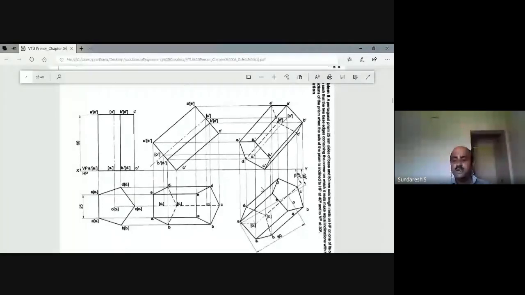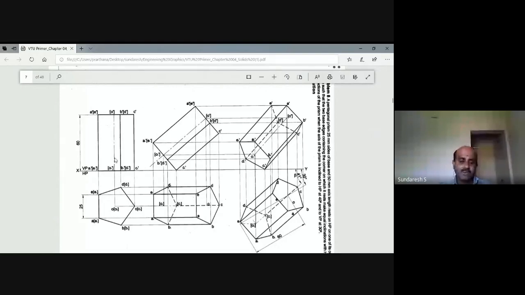Please listen carefully. The procedure remains the same, but the only thing is the axis you have to show as an inclination with respect to VP. Now, in the second position top view, we have the length of the axis as O O1. As I told you, this is a smaller length, a foreshortened length of the axis.